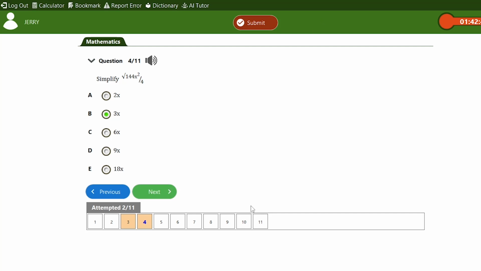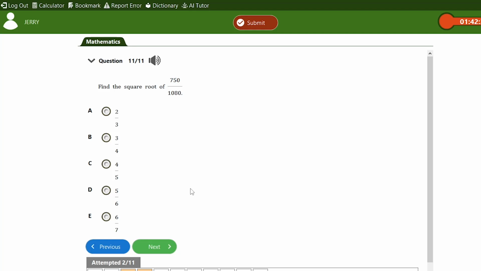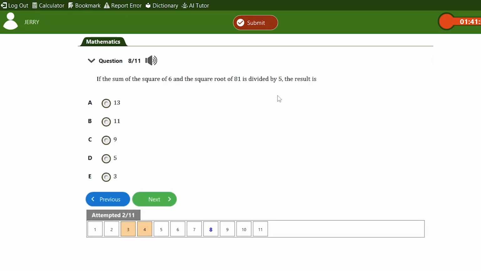Now look at this question. You will have to solve it. It's similar to what we've done here. Let's take this one. This is an application question. If the sum of the square of 6 and the square root of 81 is divided by 5, what is the result?